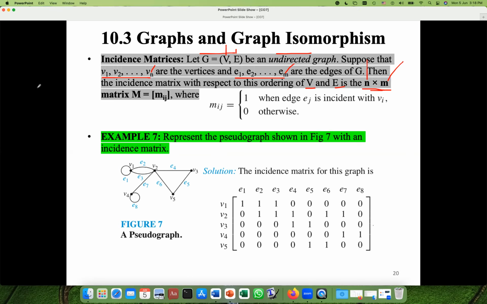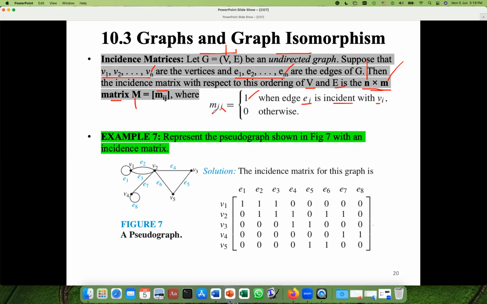So the incidence matrix would be an N cross M matrix, and we can represent it with M, and it will contain the entries Mij. These entries will be 1 when the edge Ej is connected with vertex Vi.